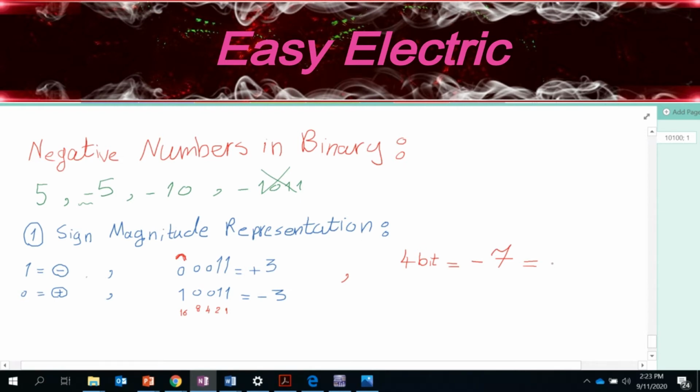Tell me a bit pattern which represents negative 7. Again, use 4 bits for the number and the last bit on the left for the sign. What is negative 7 if I use this method?